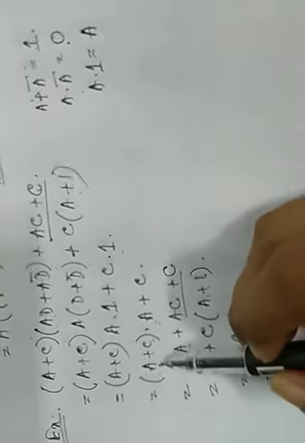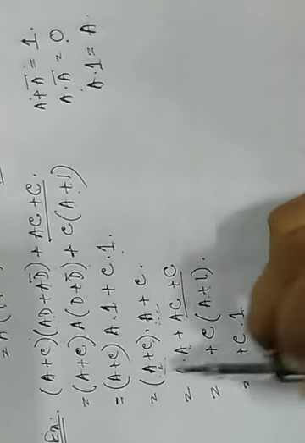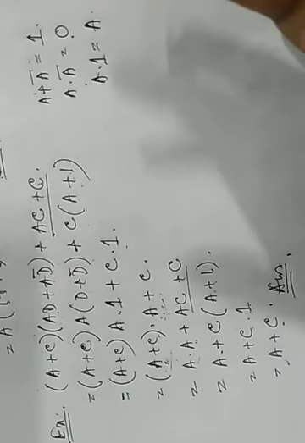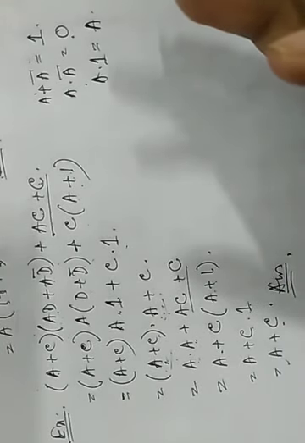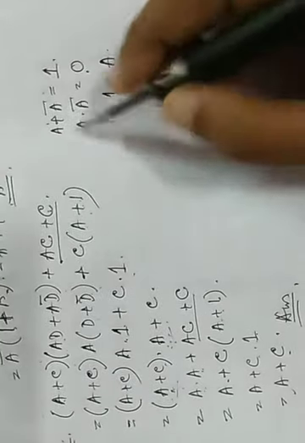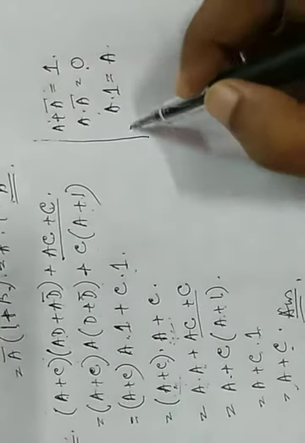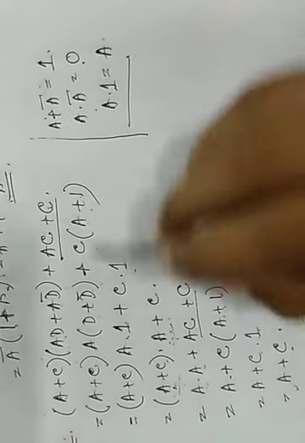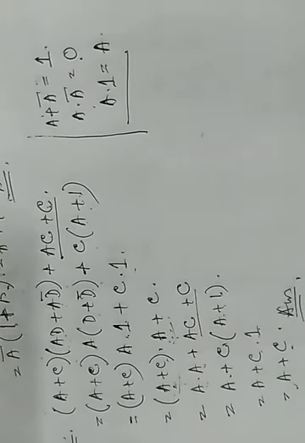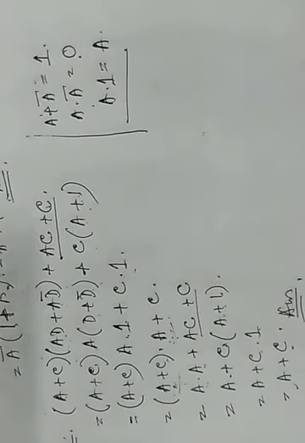And if there is any multiplication form, we have to do multiplication like normal algebraic multiplication. Then we have to proceed further. All the Boolean rules and Boolean laws can be used here to simplify Boolean expressions. Okay, so like this way, we can simplify any Boolean expression. Clear?